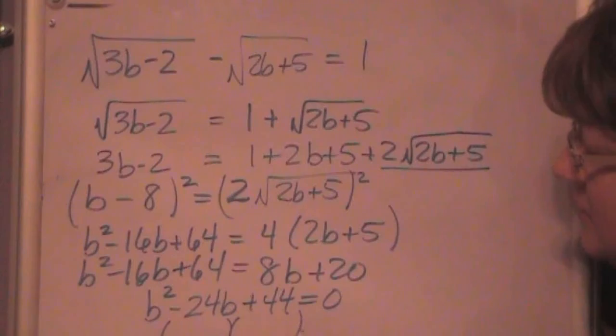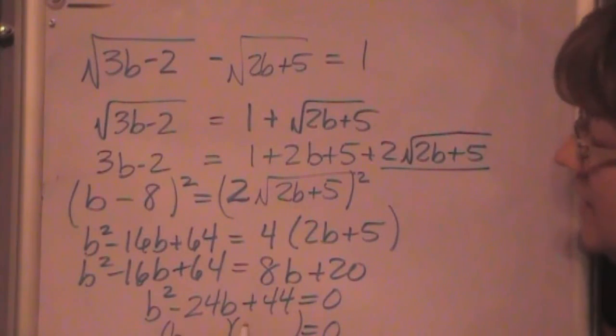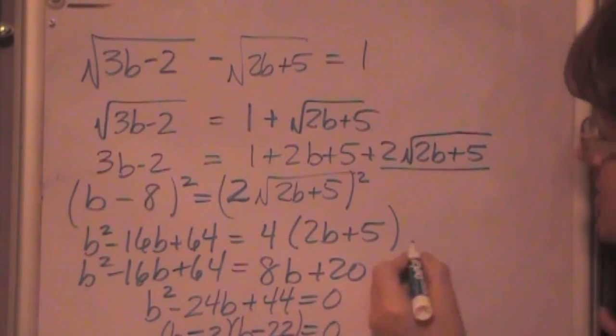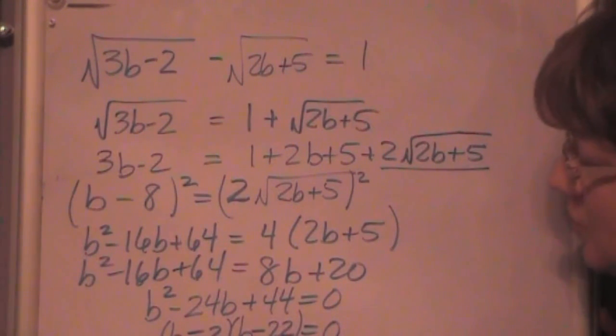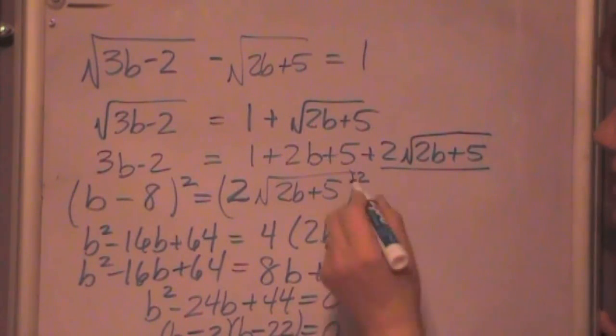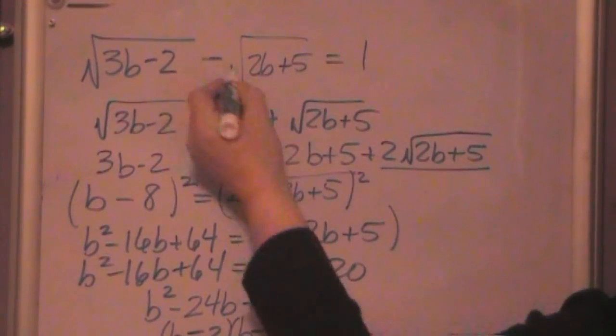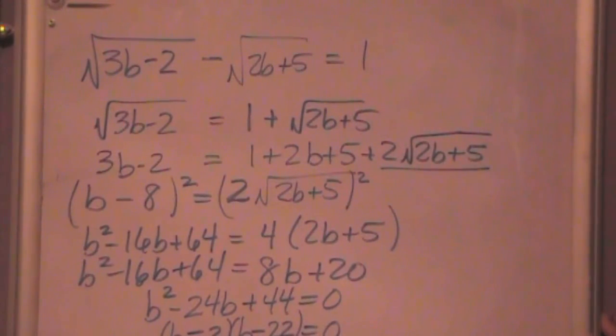And now this factors into b minus 22 times b minus 2, they're both negative to make this positive. So now I have my two answers. B is equal to 2 or 22. So I have to figure out which one of these back into the original equation works. And I'm going to leave that up to you to go ahead and do.